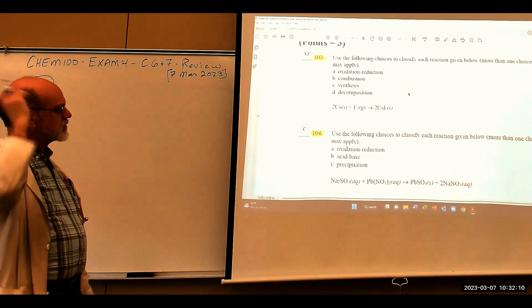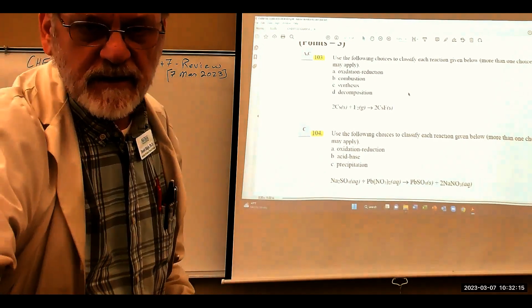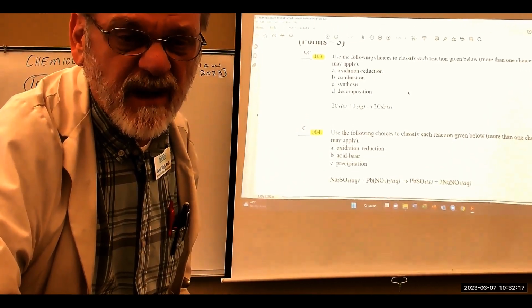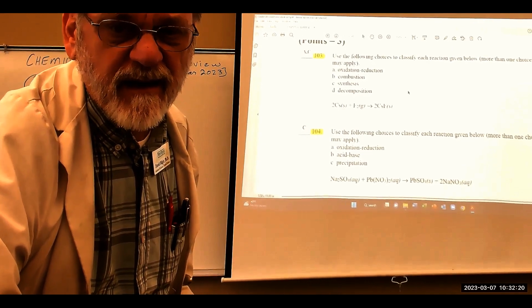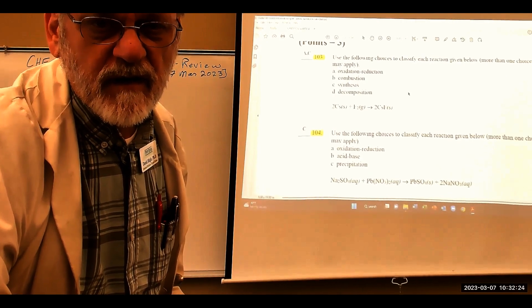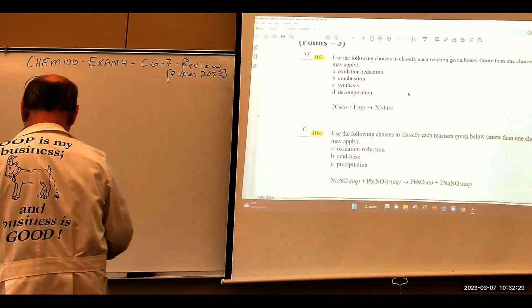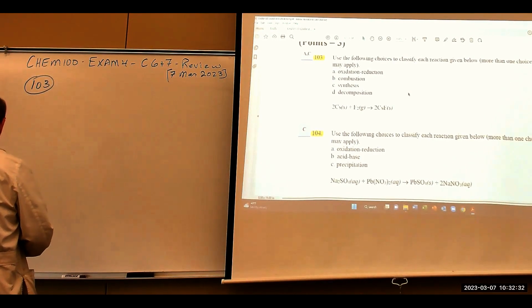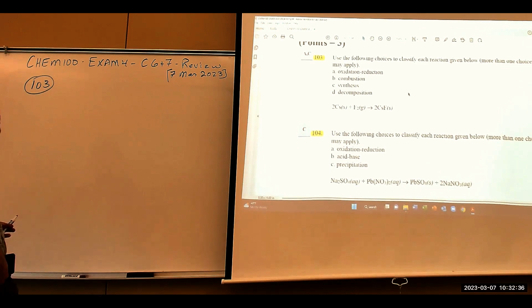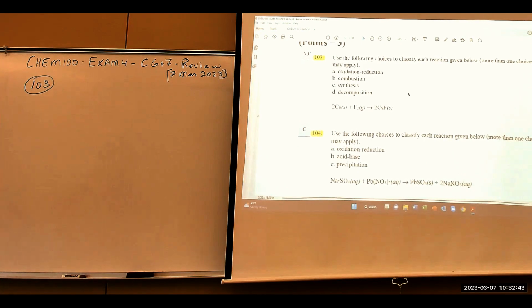103. Use the following choices to classify each reaction given below.